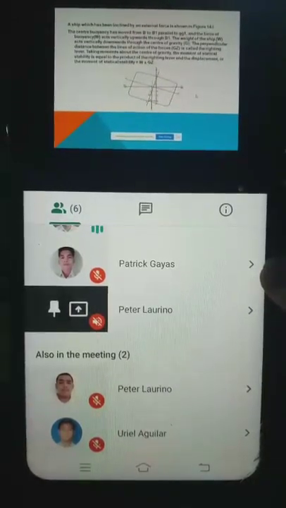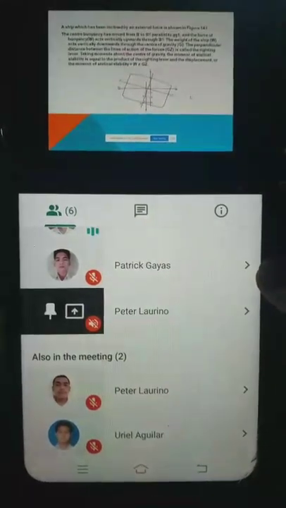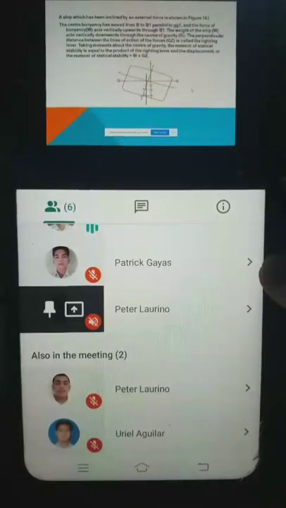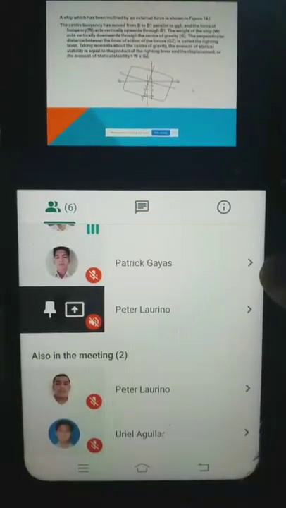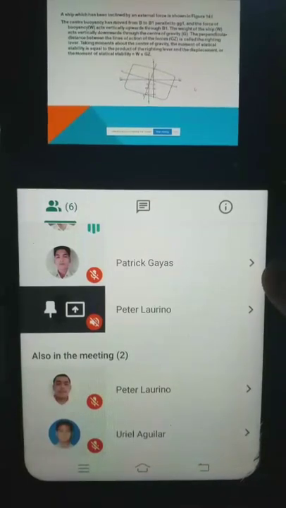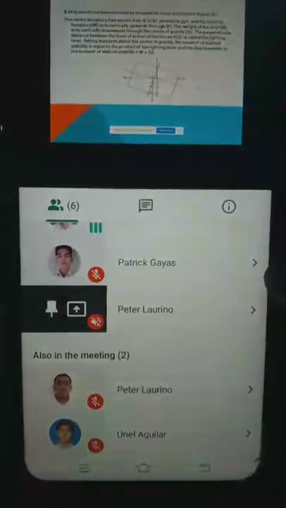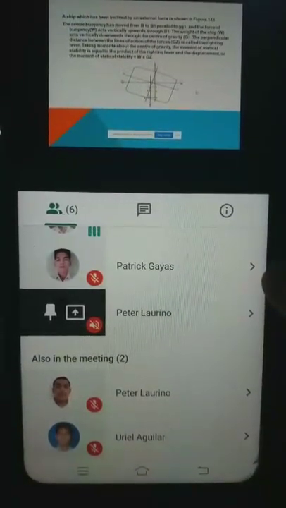The weight of the ship, W, acts vertically downwards through the center of gravity, which is labeled as G. The perpendicular distance between the lines of action of those forces, GZ, is called the righting lever. Taking moments about the center of gravity, the moment of statical stability is equal to the product of the righting lever and the displacement, or the moment of statical stability equals W times GZ.